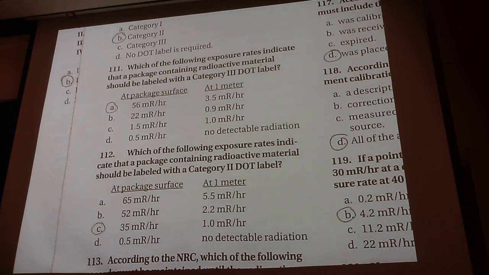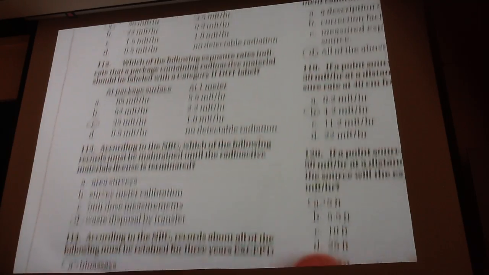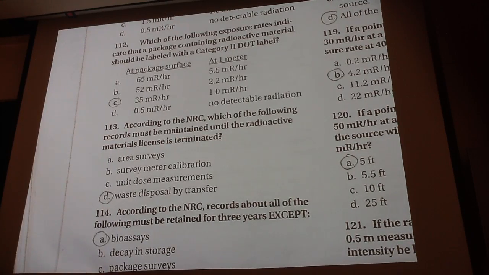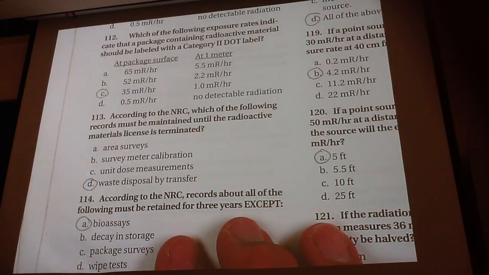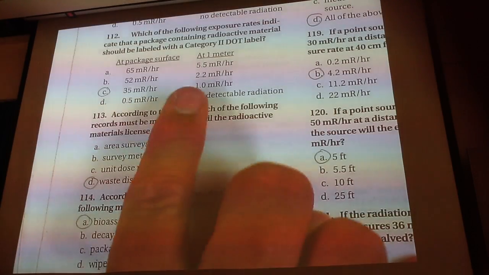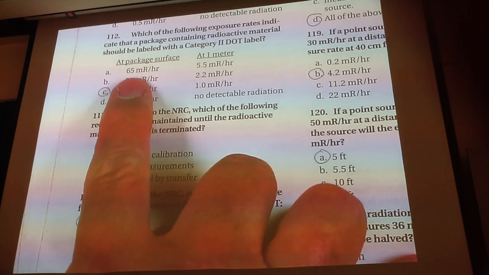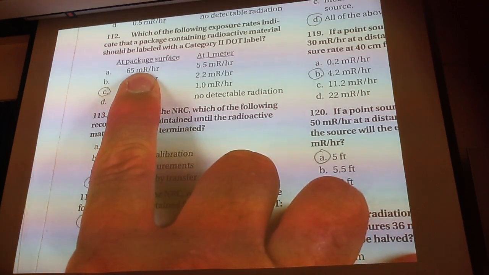Okay. But again, unfortunately, the people who write these test questions are not as nice as I am. They don't give you the formulas for a lot of this stuff. But I want you to see the type of questions that they're asking, because this is what you can expect, especially in radiation protection. Okay, again, category 2, you notice this would be a category 3, right?